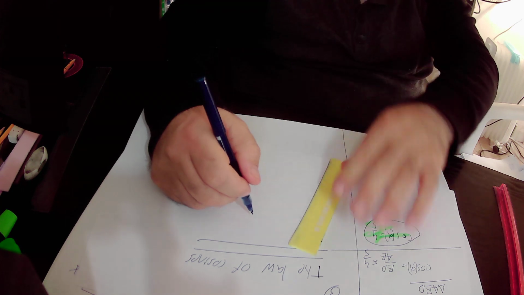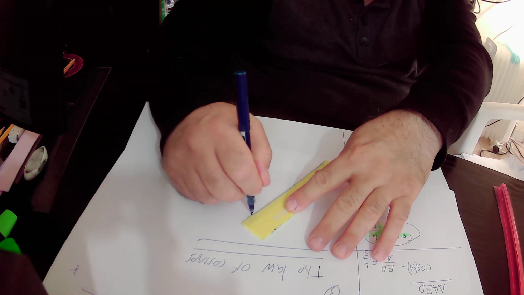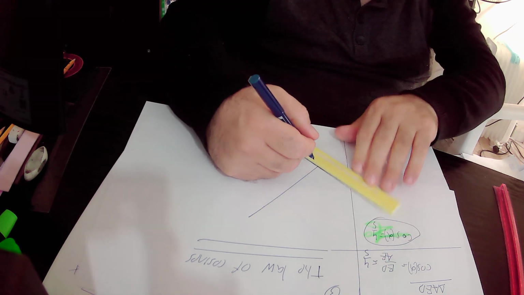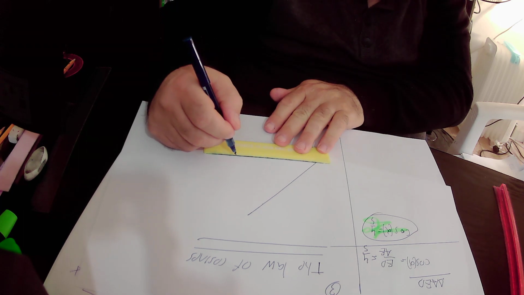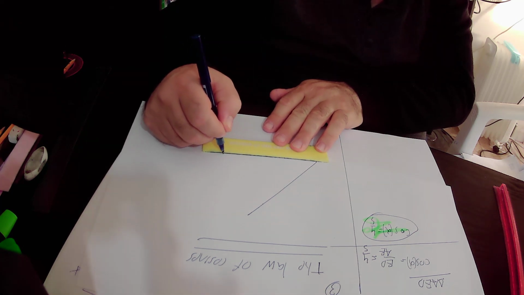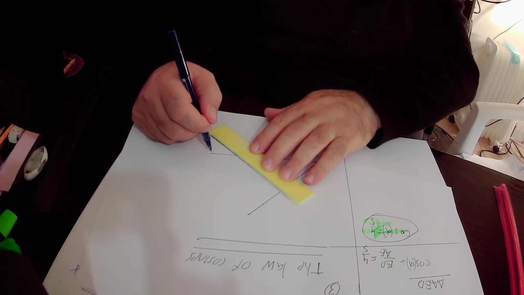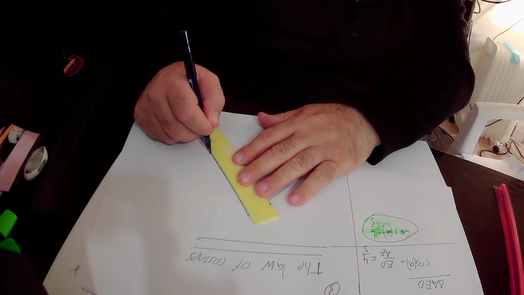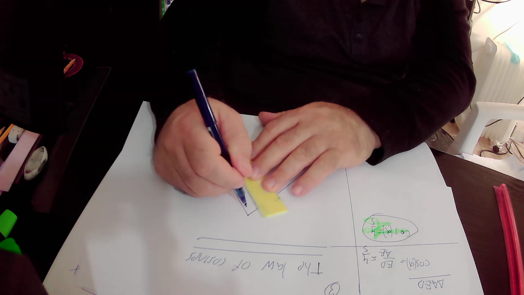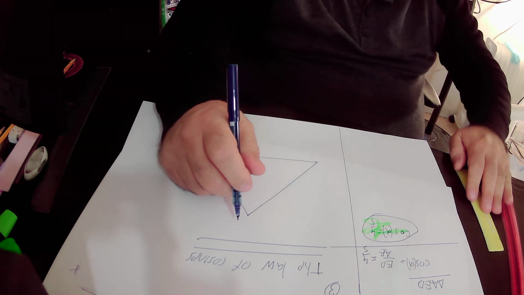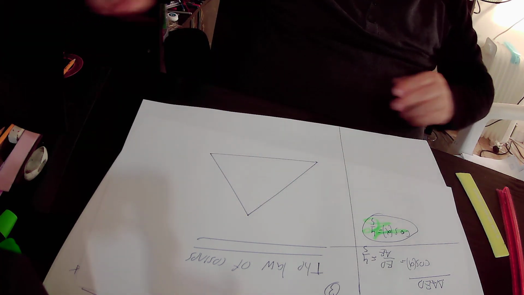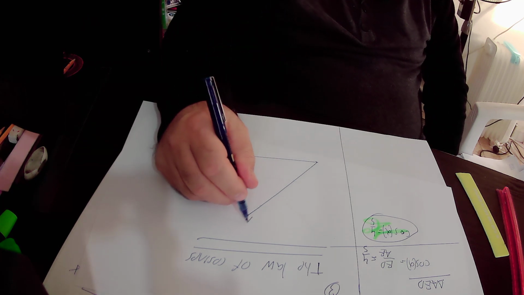So if we have a triangle ABC that could be any triangle, this is triangle ABC.